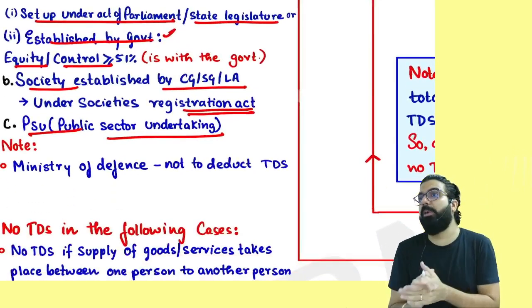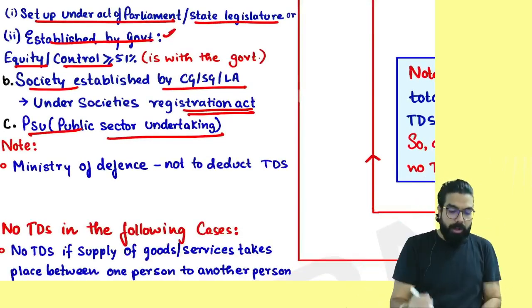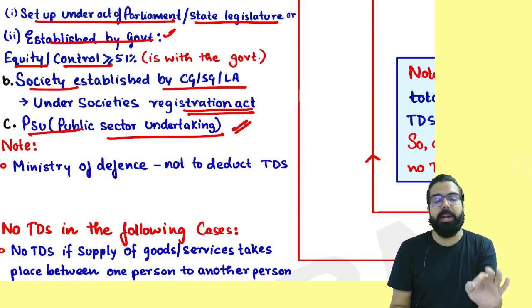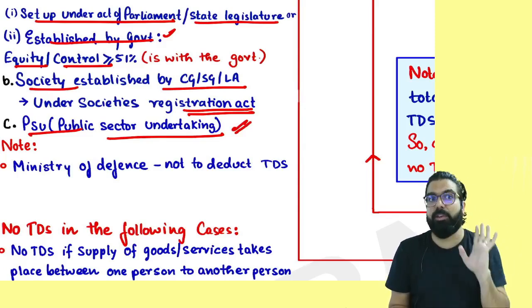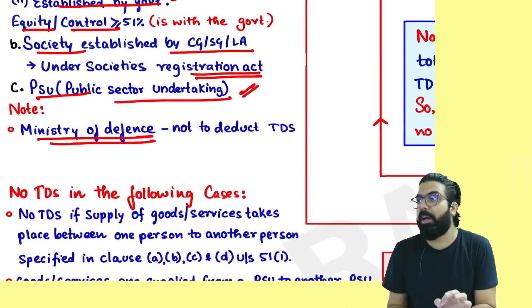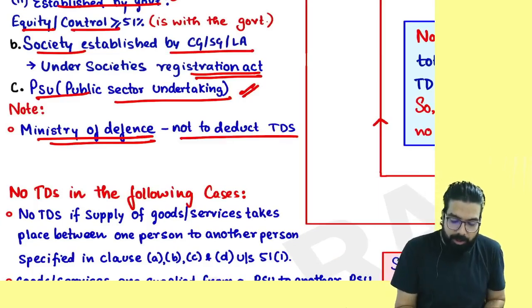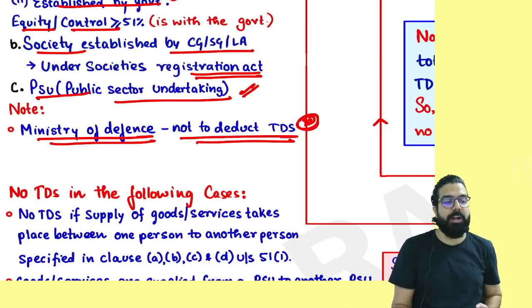Then if you are a society which is registered society and which is set up by the government, or if you are a PSU, you have to go ahead and deduct TDS. Remembering who has to deduct TDS is very important. The next one, although Ministry of Defense is a government department, but remember they will not be liable to deduct TDS. Ministry of Defense will not go ahead and deduct TDS.